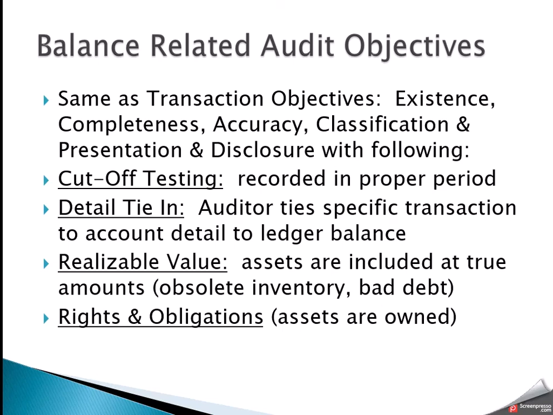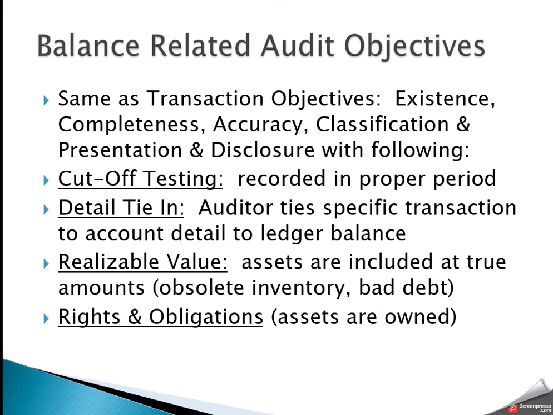Then you can have detailed tie-in, where you take a specific transaction, such as a sales invoice, and tie it back into the account detail, and then take that account detail and trace it into the ledger balance. So for accounts receivable, take one customer's invoice into the accounts receivable subledger, then take that customer's total into the total accounts receivable balance, and then take that all the way into the trial balance.